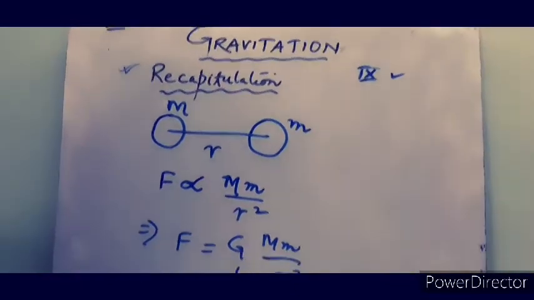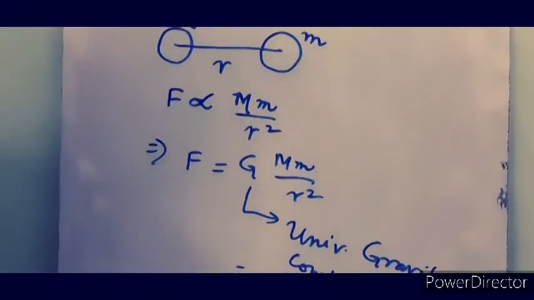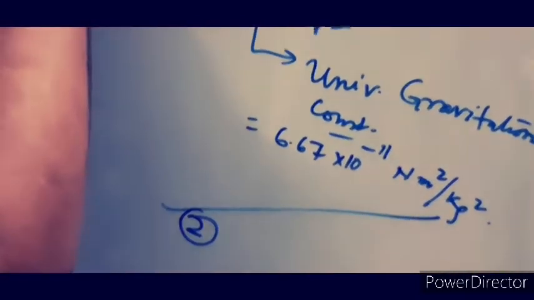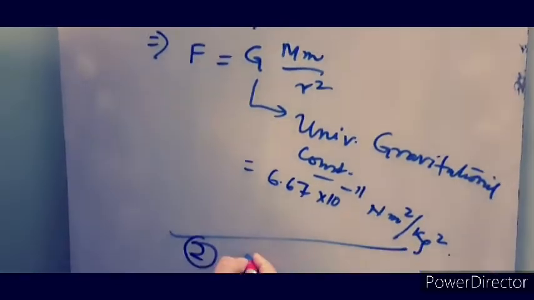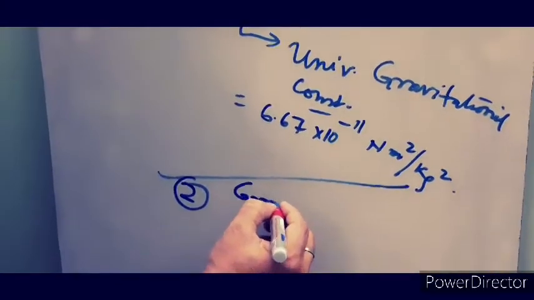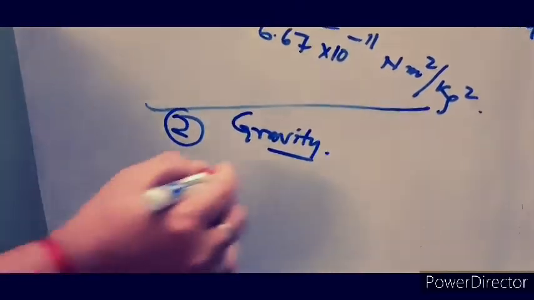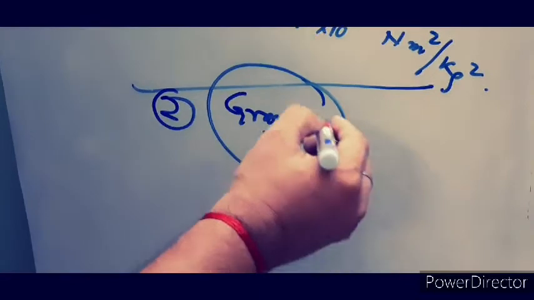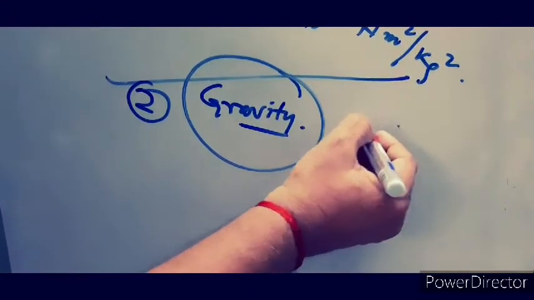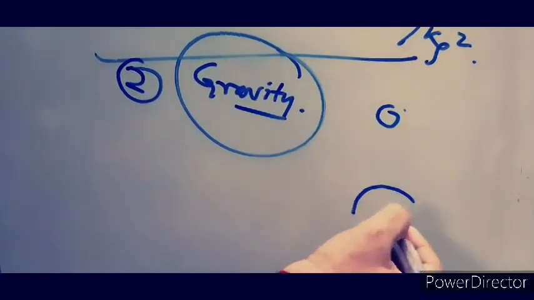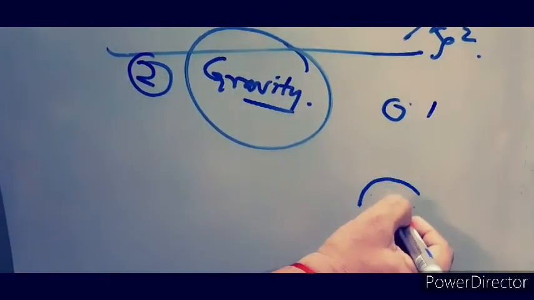Second part is the acceleration due to gravity. But before coming to the acceleration due to gravity, this is the first recapitulation. Second part is gravity. Gravity is another name. Gravity means what? If there are two objects which are attracted, here one object, here another object, object number 1, object number 2.